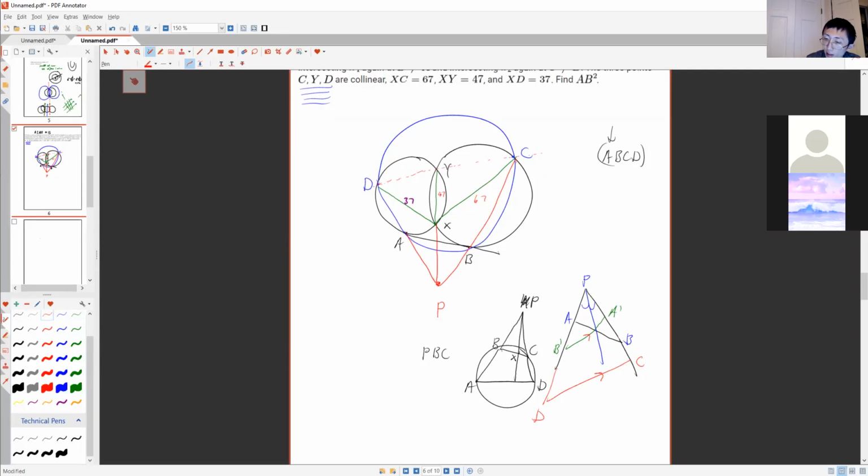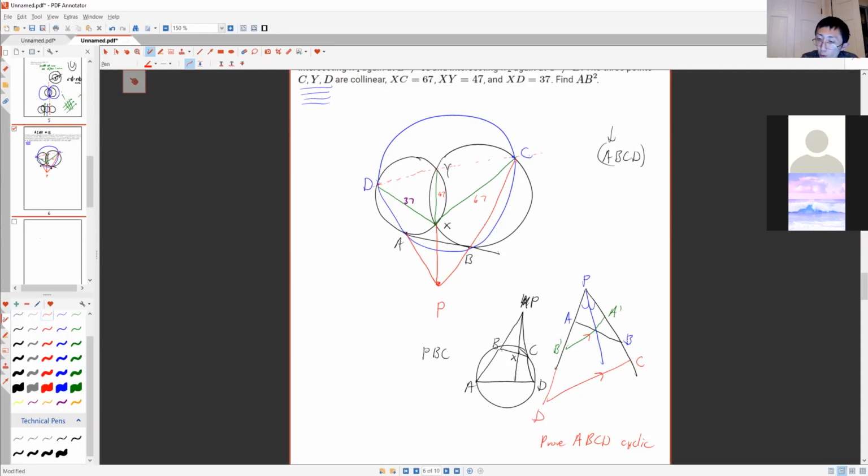Then if you do this construction, ABCD is cyclic. So here's a question: why is ABCD cyclic if you do this construction that I just described? This is one way to characterize a cyclic quad, where two of the opposite sides extend and meet at a point P. You can think of PAB being reflected over the angle bisector of P, and then dilated to CD.